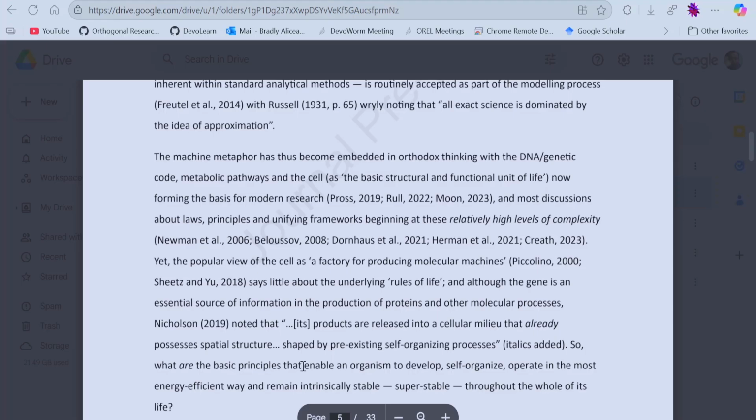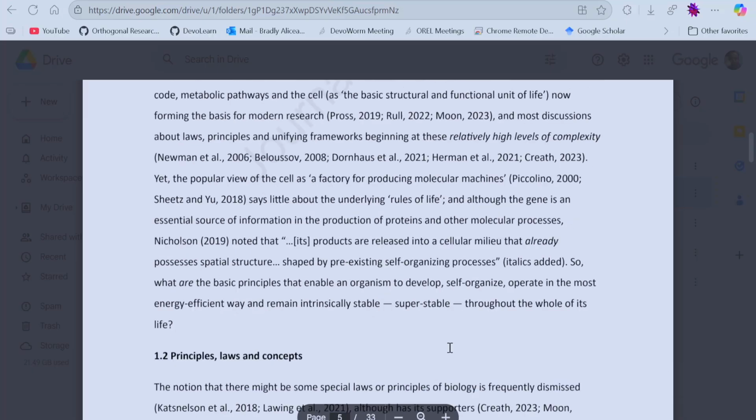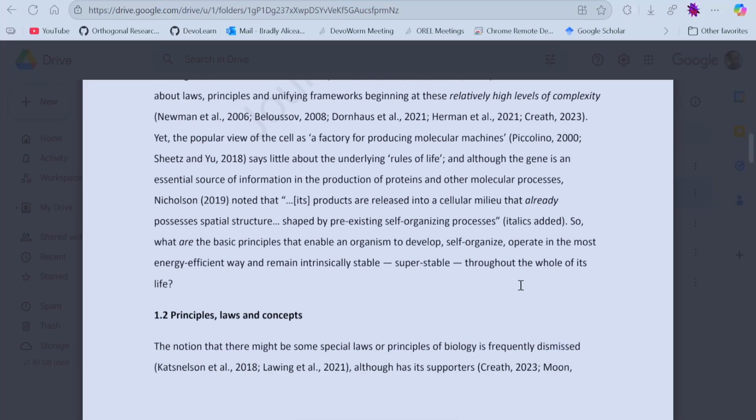So what are the basic principles that enable an organism to develop, self-organize, operate in the most energy efficient way, and remain intrinsically stable? That's what we're trying to do. We're trying to find, in particular, the super stable state where you have all of these different changes over time and it's stable nonetheless. That's what we're looking for.